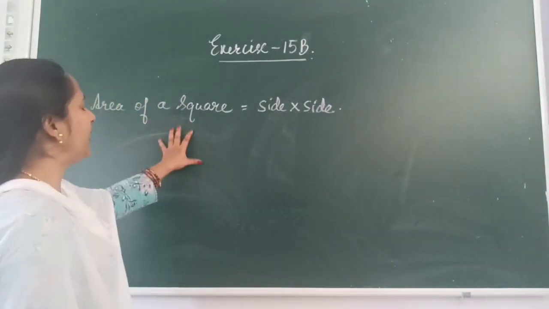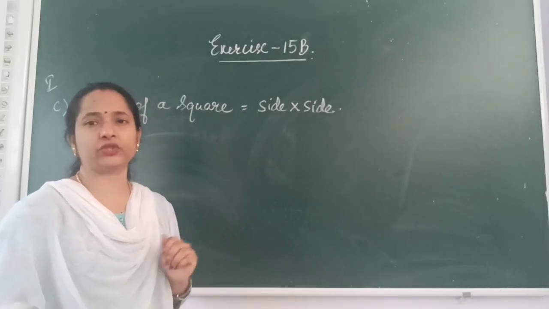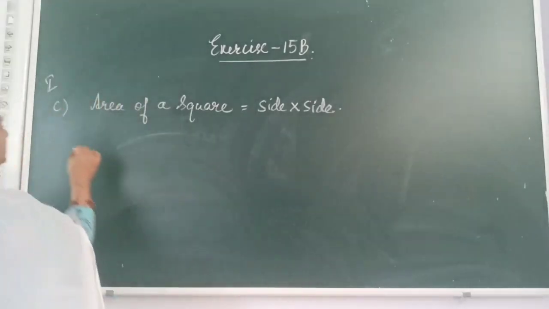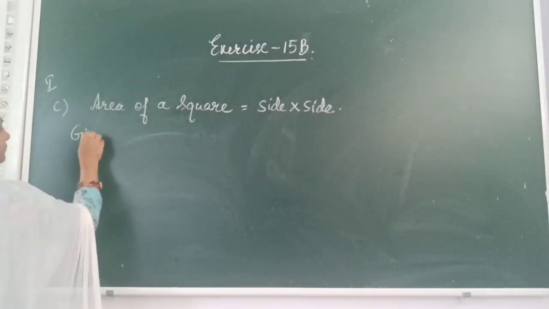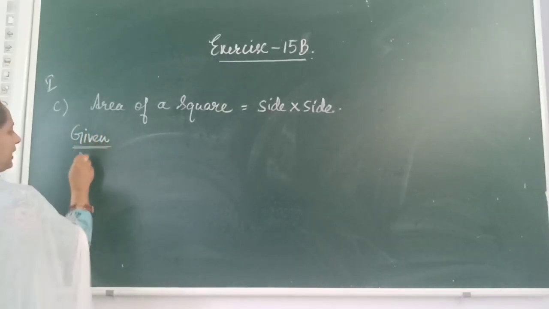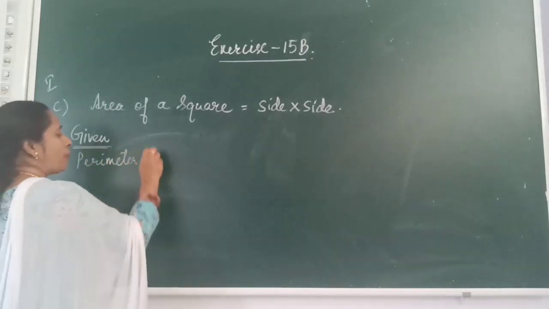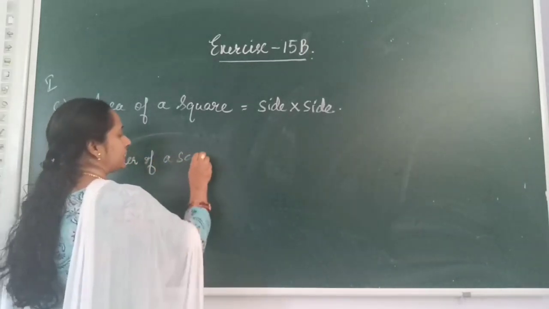So, in order to find the area of a square, we need the length of the side of the square. But what is given to us? The perimeter of a square is given to you.